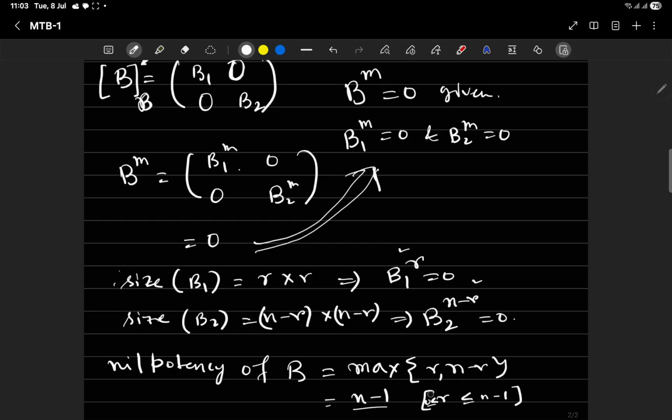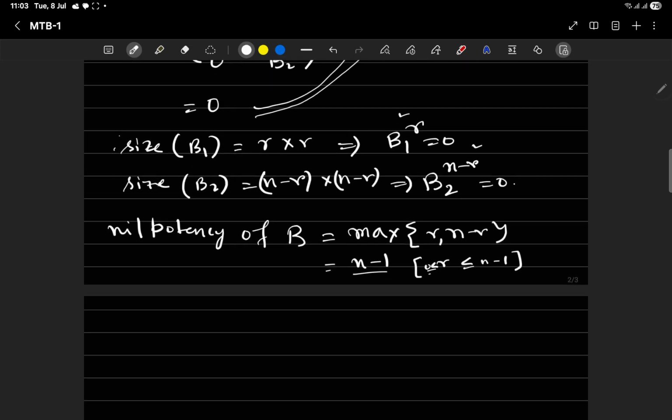So if you range this, you definitely understand the maximum of r and n minus r must be n minus 1. It cannot be n anyway, because r cannot be 0. So r can be 1 at the least. If r is 2, then n minus 2, maybe something, but the maximum is n minus 1.